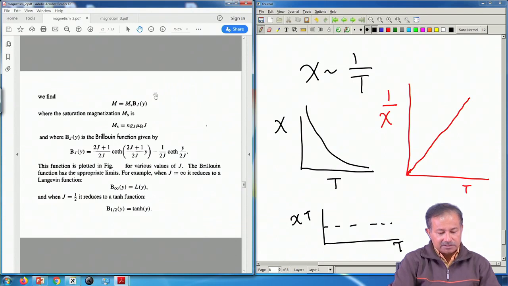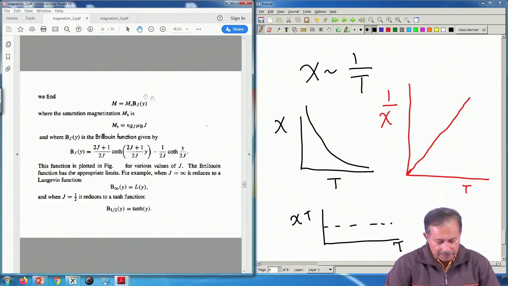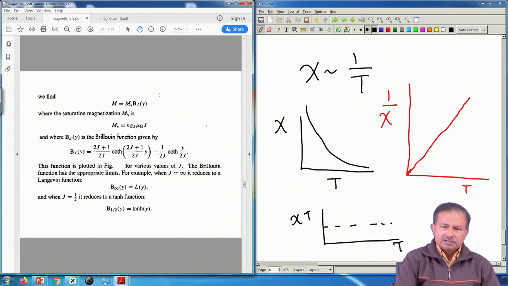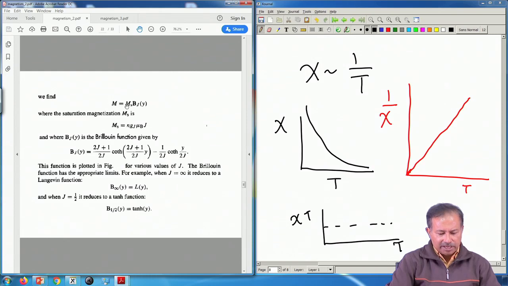Correspondingly, you will get a magnetization, which is a derivative of the log of the partition function, a free energy basically, with respect to H. That will give you M, where M by Ms is this quantity, in which all the spins are saturated.